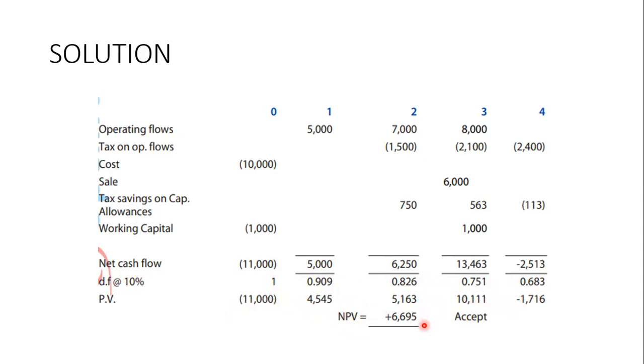Now, if you did that, you should have 6695. You can cross check.